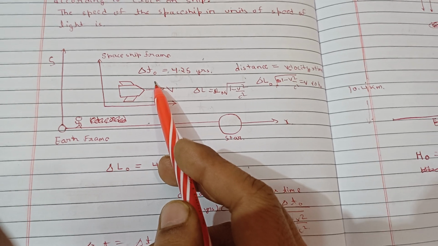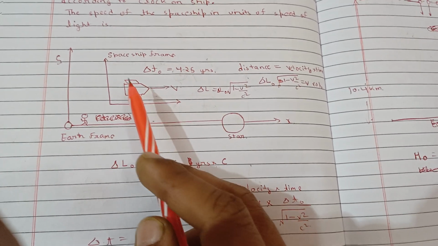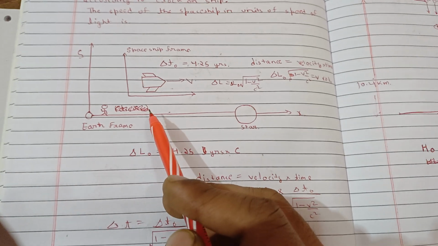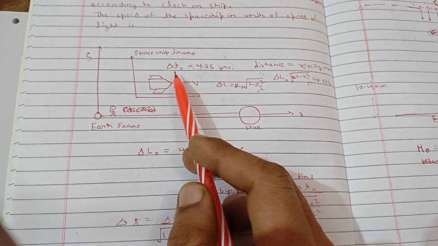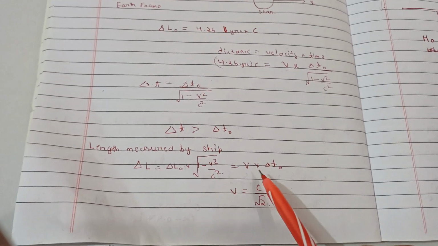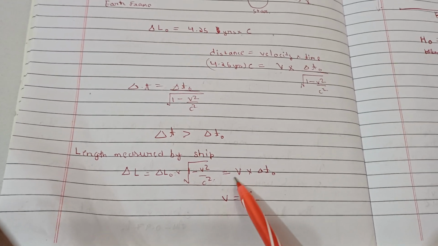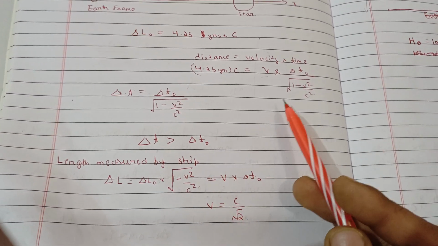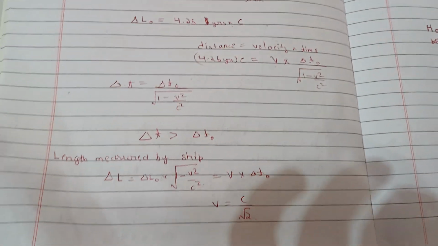Because now we are taking this frame, the length is also in this frame, that is delta L, and this length is traveled in v into delta t naught time. So just put it as v into delta t naught, and it is the contracted length. From here also we can calculate the v, and we will get just the same result. Okay, so you can solve it in both ways.